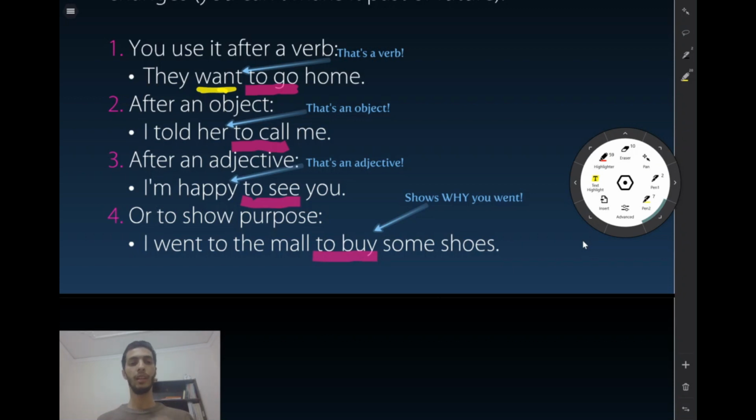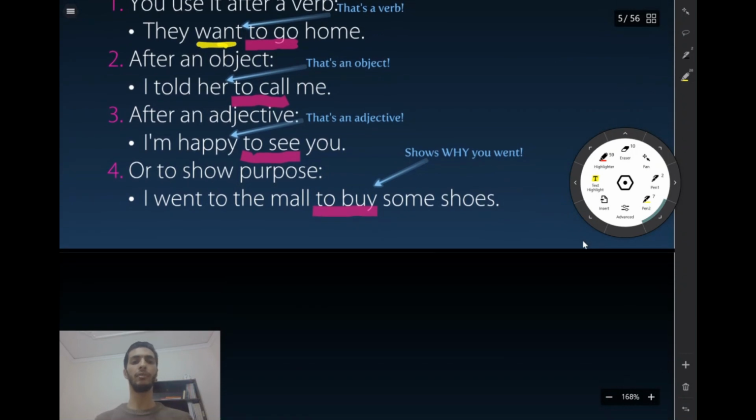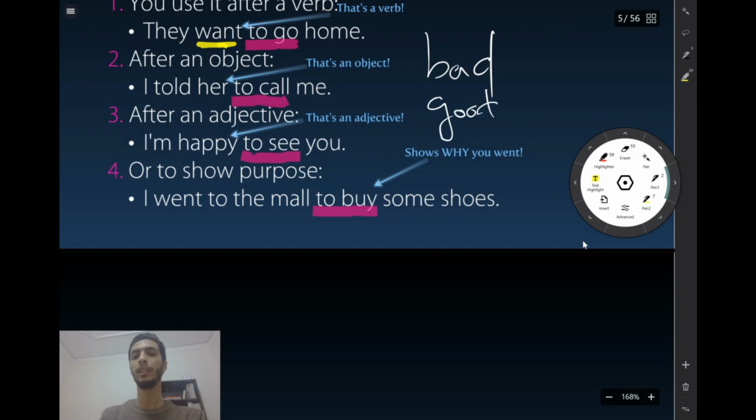Okay, good. الحالة الثالثة بسرعة. الحالة الثالثة after an adjective. Now we use the infinitive after adjectives. Now what are adjectives? Here we are talking about bad, good, sad, happy. والadjective بسرعة نستعمل الadjectives لكي نقوم بوصف اسم.